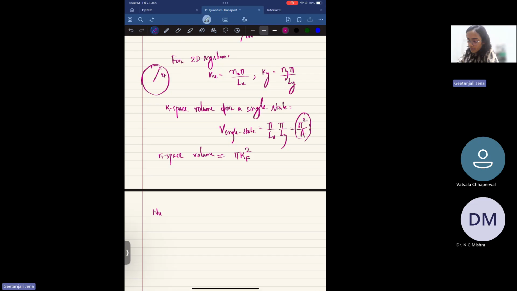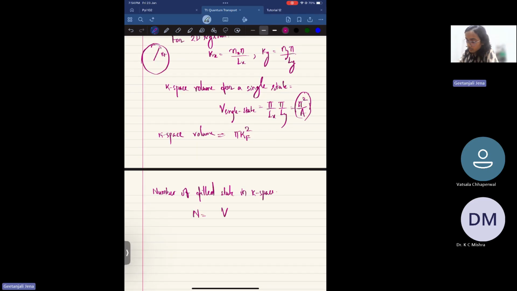So that means the number of filled states in k-space, N, is the total volume, sorry, I'm writing volume, it should be area, divided by the area of a single state, multiplied by 2 for the spin state of these electrons, and half because while calculating we are considering both plus and minus, so there will be redundancy, so we take only the plus half state.